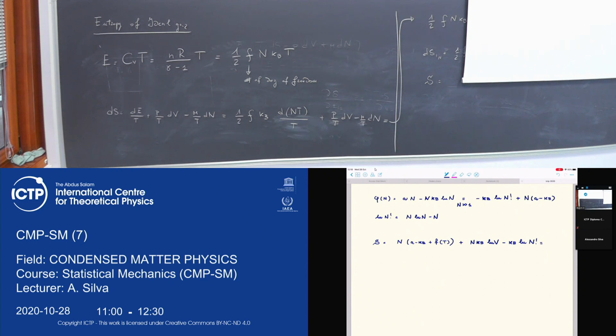And this can be written as n times a minus k Boltzmann plus f of T plus k Boltzmann log of V to the power n divided by n factorial.